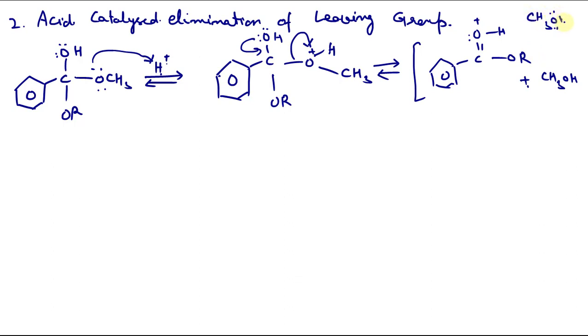CH3OH helps to eliminate the proton from here. So we will get our ester. So this is the mechanism under acid catalyzed condition. So the mechanism is quite easy.